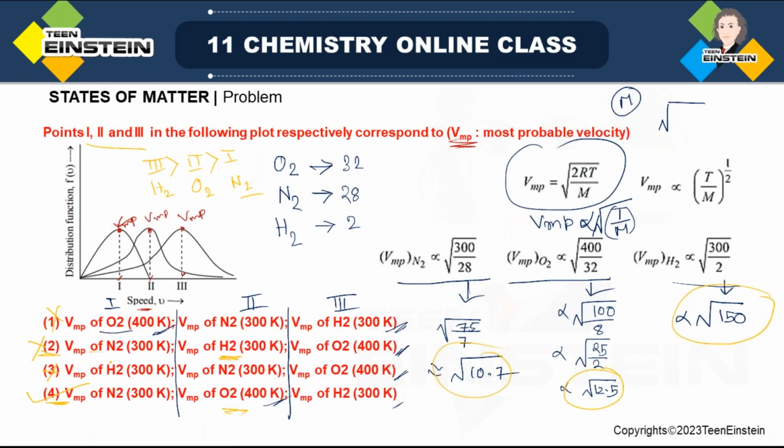Okay. So the first most probable velocity, point number 1, that is minimum value. It is root over 10.7. So it is corresponding to 1. Then the middle one is root over 12.5, which corresponds to 2.